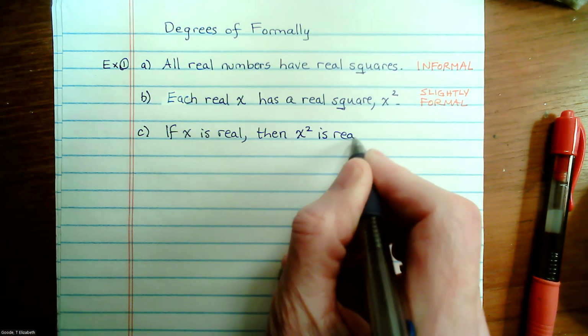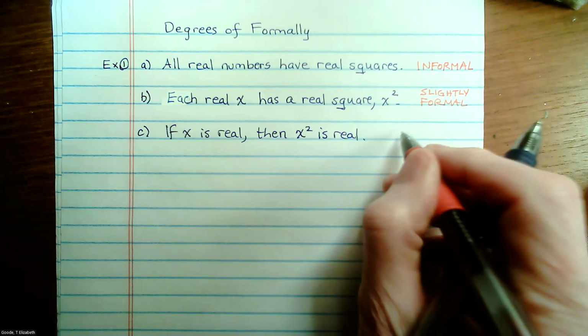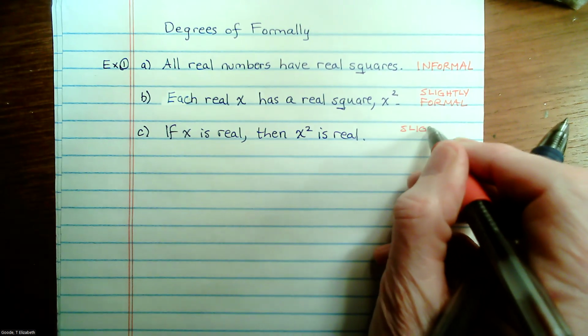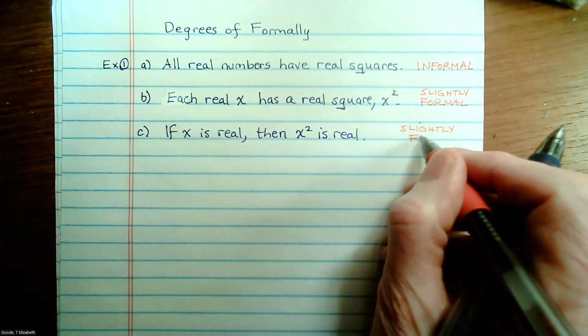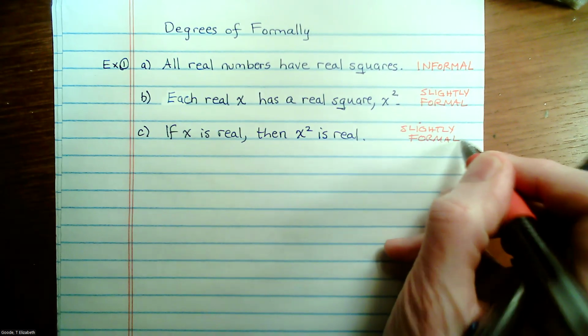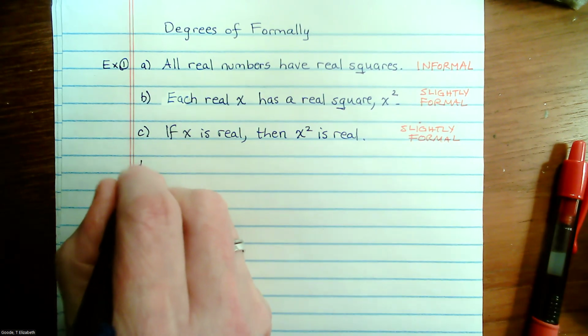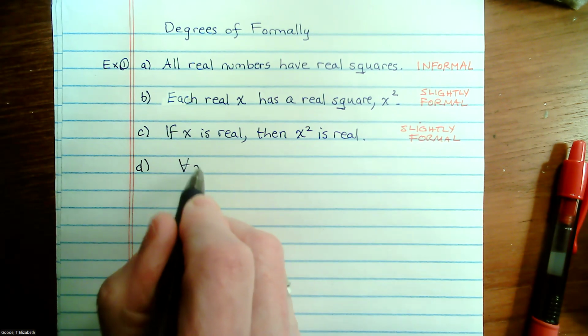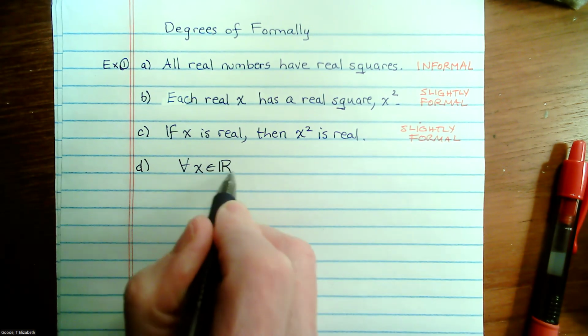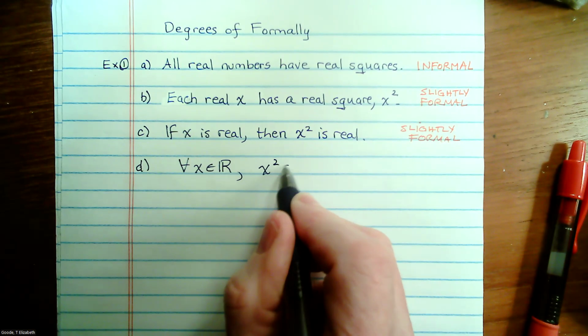Either way. So this is slightly formal because we have introduced a variable, but we can make it more formal. We could say for all X in the reals, X squared is in the reals.